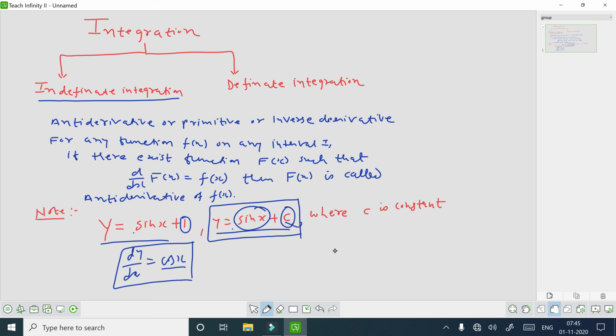Hence, whenever we define indefinite integration, we are going to use this concept of a constant. Let us define it.